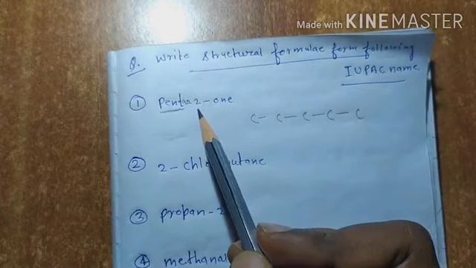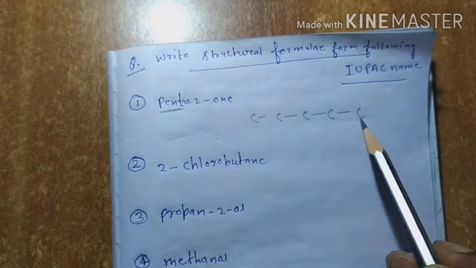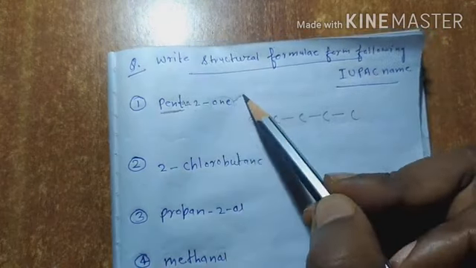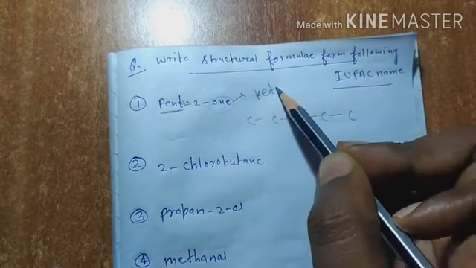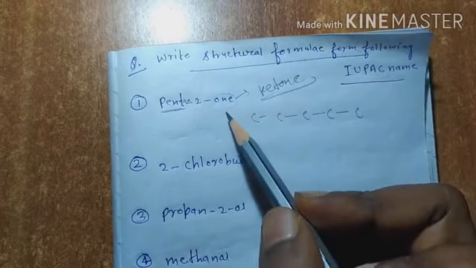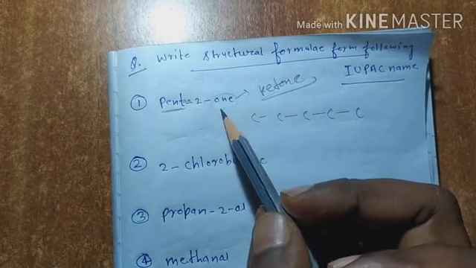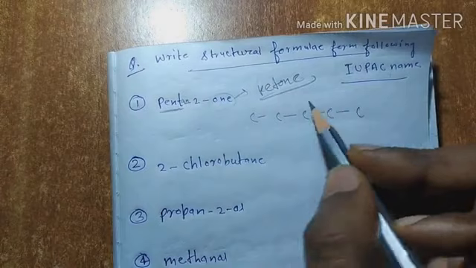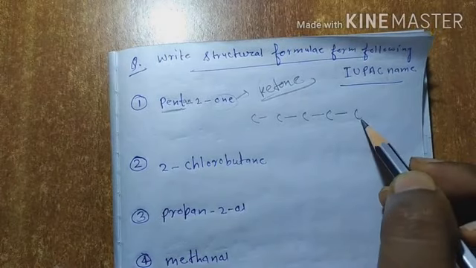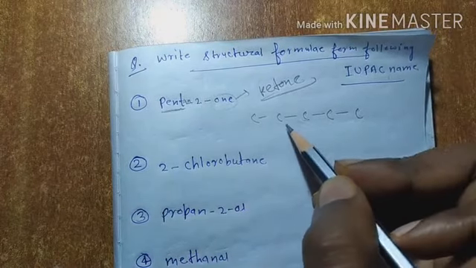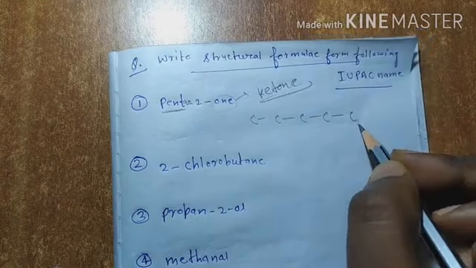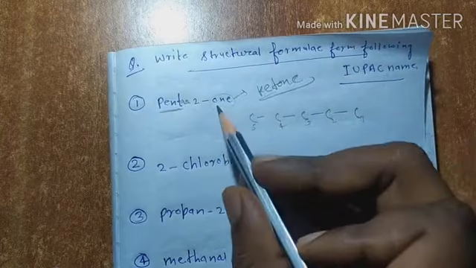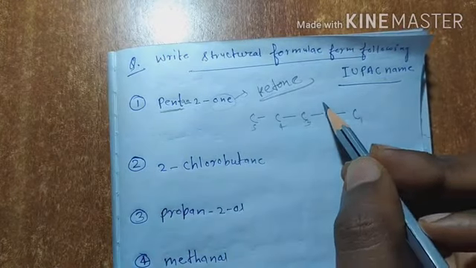2-one. So if we take from this side 1, 2, so here will be one, which belongs to ketone. We use the suffix one for ketone. If we give number 1, 2, 3, 4, 5 from this side, the ketone will come here.